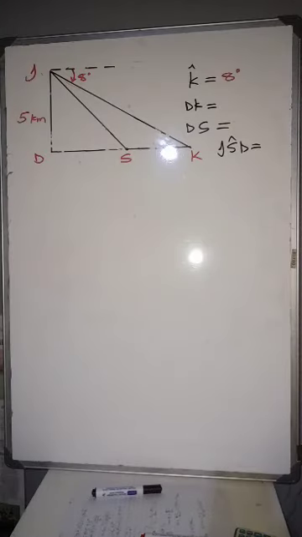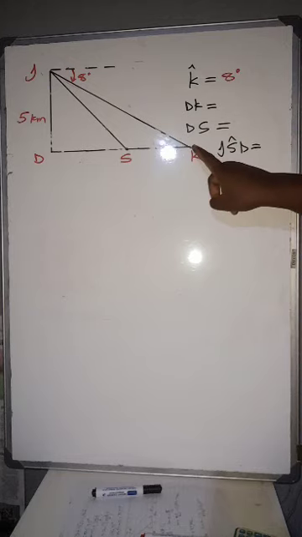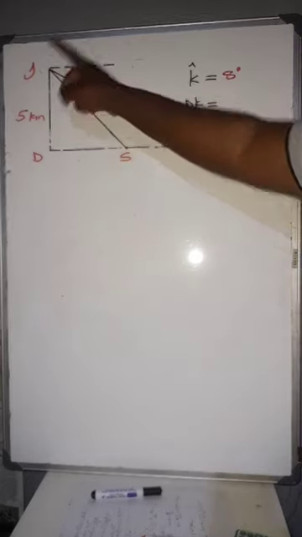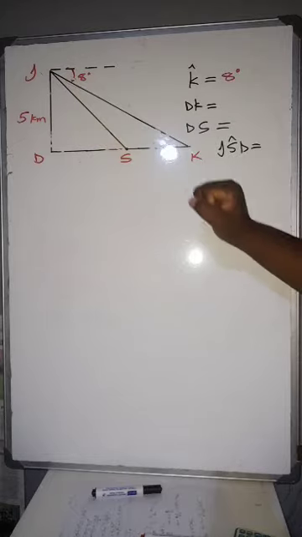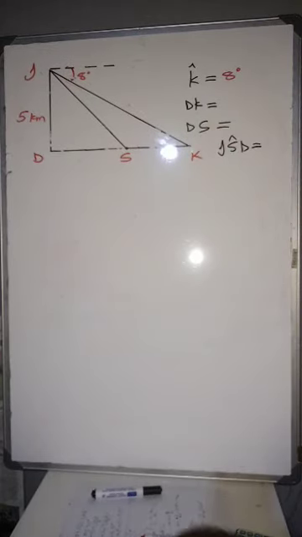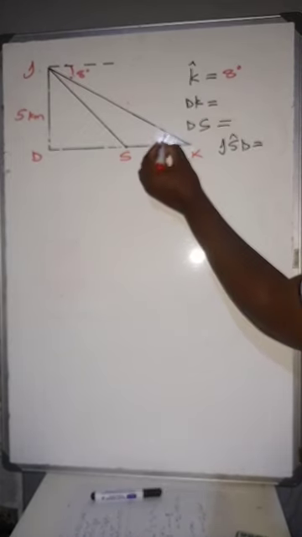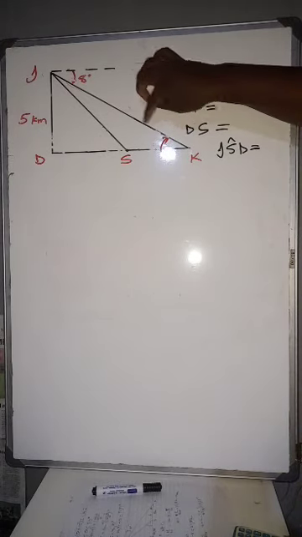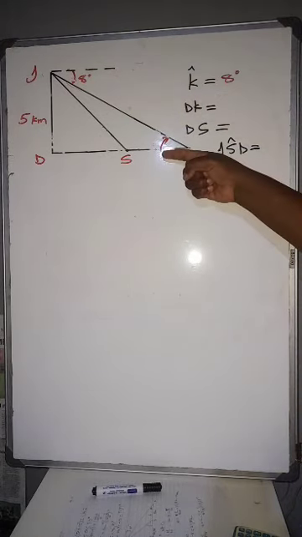And then we also have what is called angle of elevation. When we talk about angle of elevation, we're assuming that you are standing right here at K, looking at J, and this is your line of vision. So angle of elevation will be this angle, which is made with your line of vision together with the horizontal line.